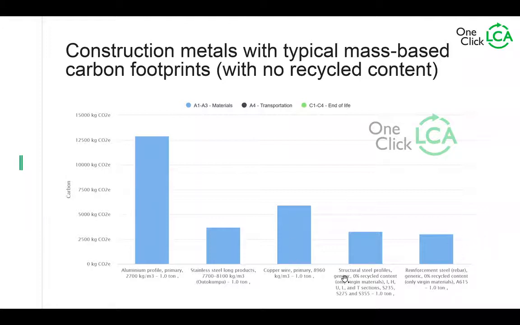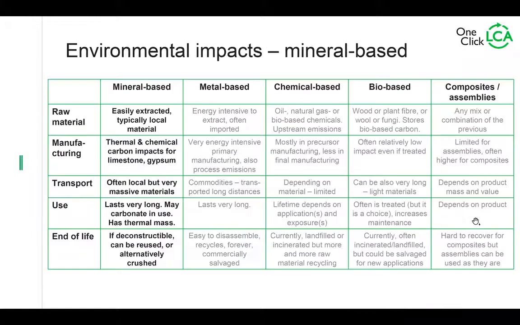Though it may be possible and desirable sometimes to use stainless as opposed to other types of steel for achieving longer service life or other parameters. All right, so that's about metals used in construction, which is our interest today.